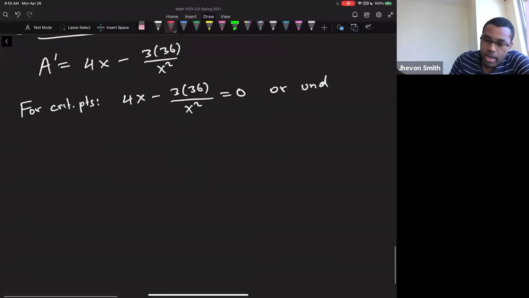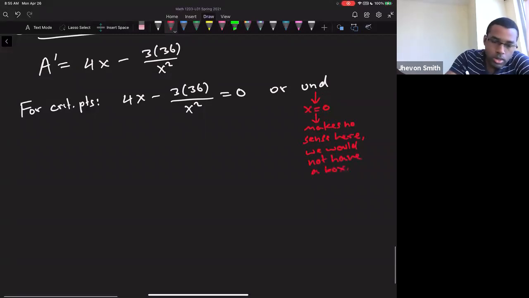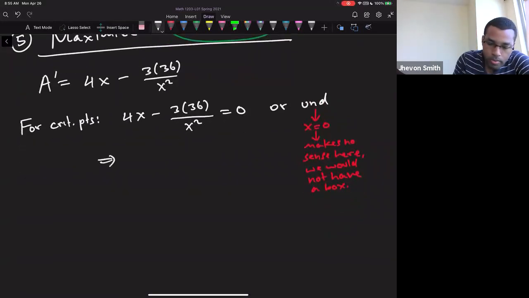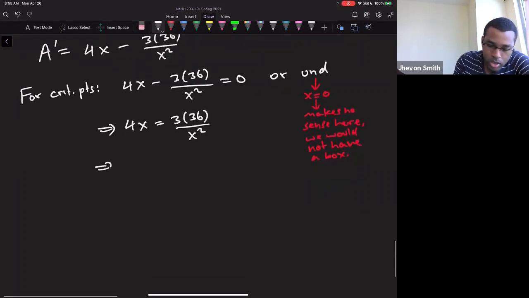Now, it's undefined when x equals 0, but this here makes no sense. We would not have a box, right? So I'm going to pretty much ignore that part. So we move on to this part. So we have 4x is equal to 3 times 36 over x squared. Can multiply both sides by x squared.